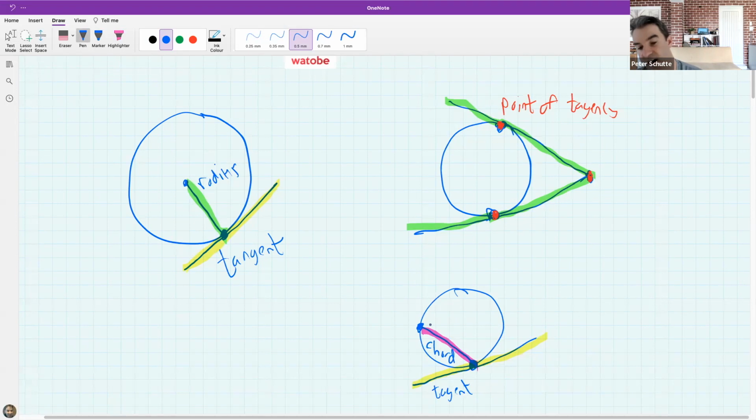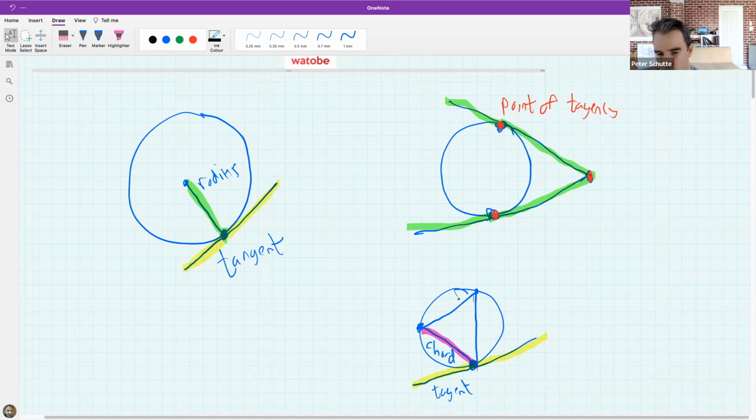One more thing. Now, this is for serious brownie points. If I take that chord and I use it as a base, and I do this, can somebody come online and tell me, what am I doing when I use that chord as a base and I make that pointy bit at the circumference? What language could we use to describe that?